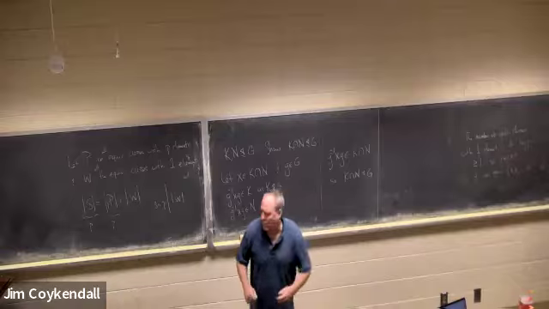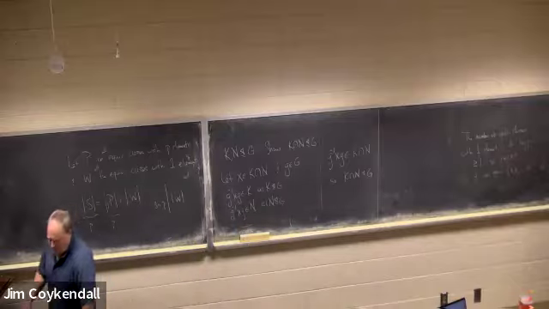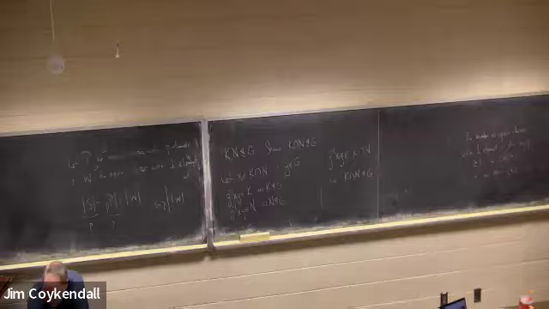Question. Oh, this is kind of a fun one, which makes it probably the hardest one on it. Show that no group can be written as a union of two of its proper subgroups.